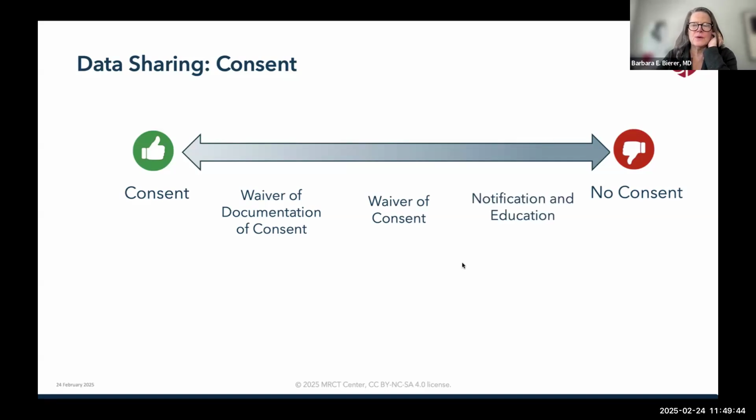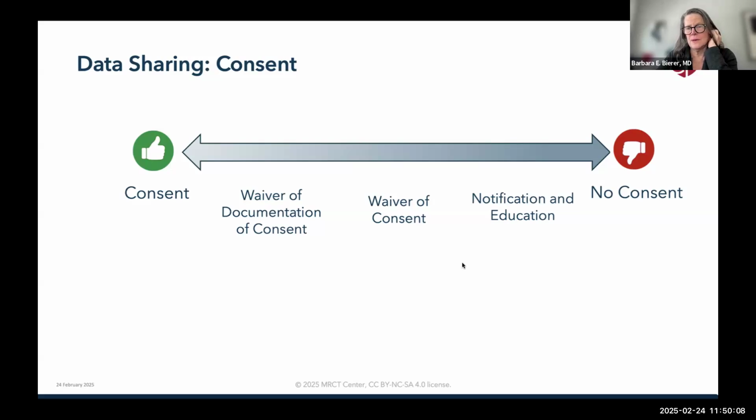And then, there's also notification and education, where we're not actually asking people to consent, but we're telling them how we're going to use the data, that we're planning to use this for future research and education. But people don't necessarily understand that in detail.